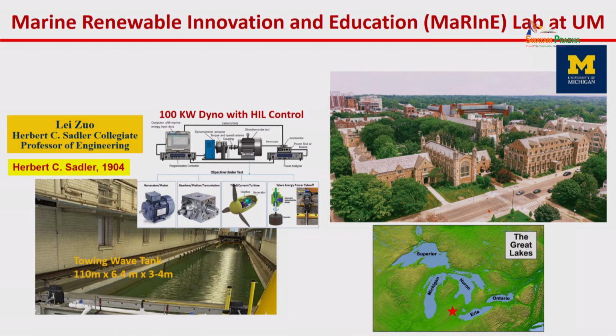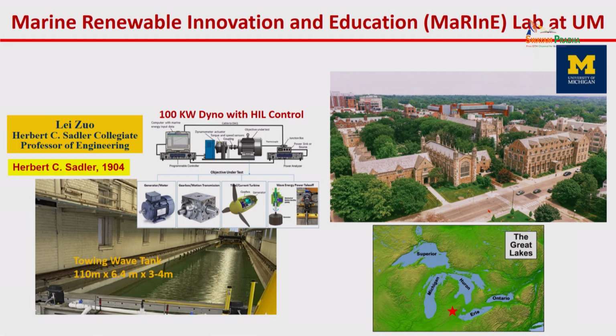Okay, and we have a facility. The tank is 110 meters long, 60.4 meters wide. The depth is 3 to 4 meters. You measure the center, that is 4 meters, the edge 3 meters.